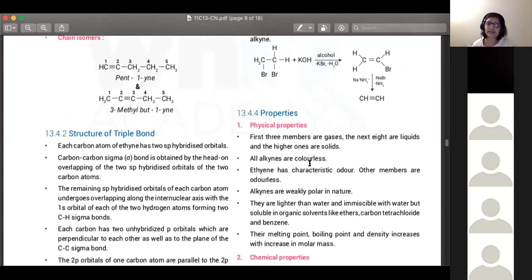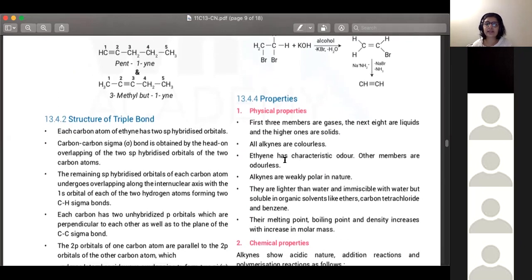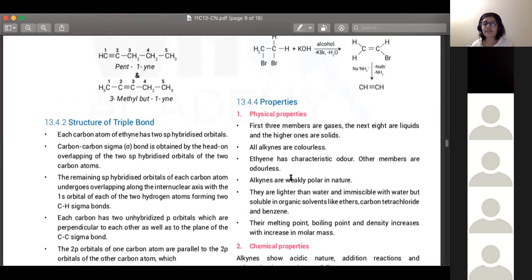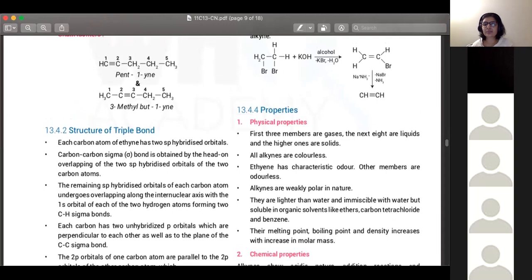All alkynes are colorless. Ethyne has a characteristic odor. All other members are odorless. Alkynes are weakly polar in nature. Now, what is the reason for the polarity in alkynes, even though they have just carbon and hydrogen?